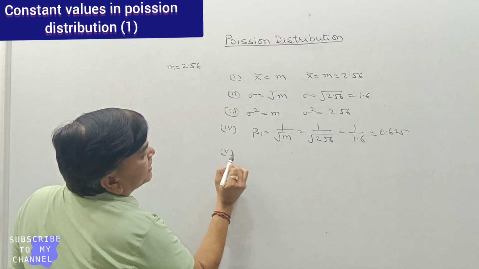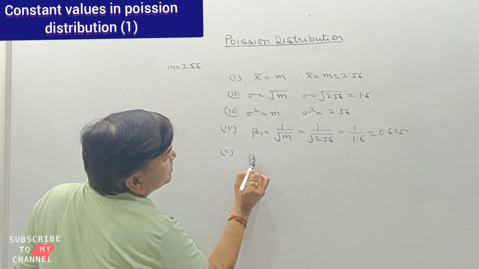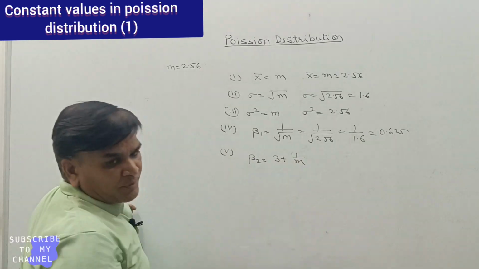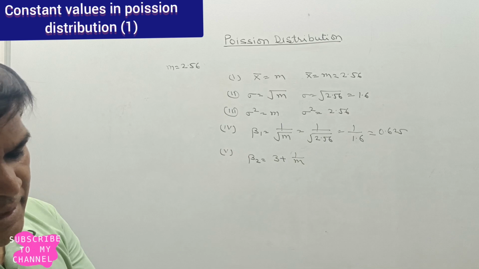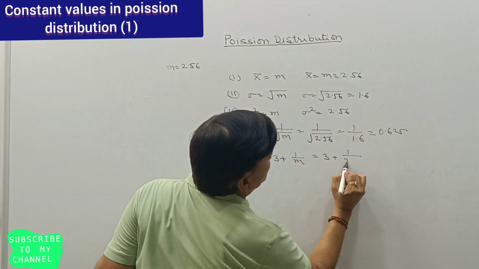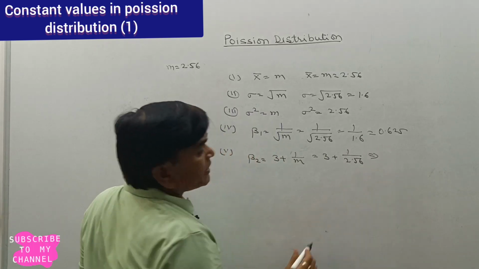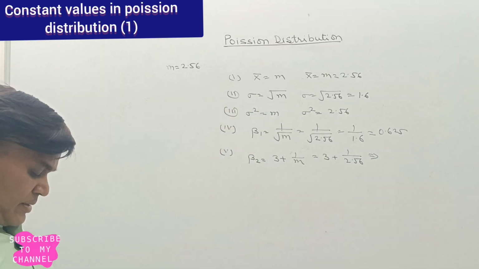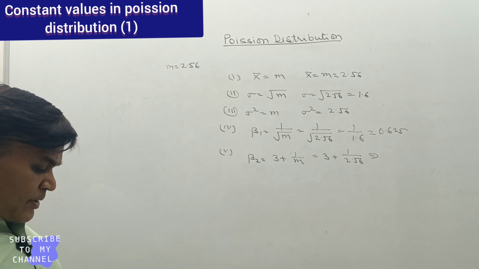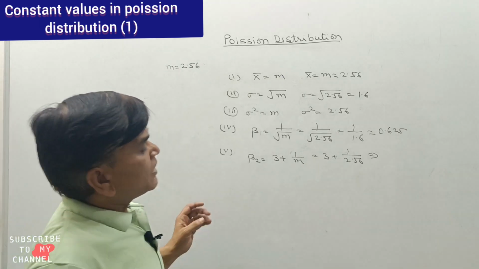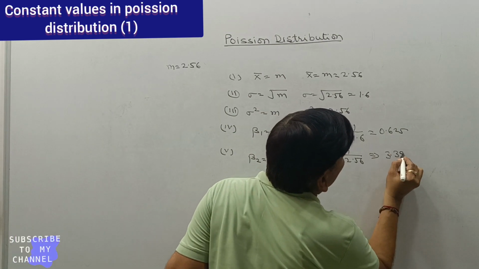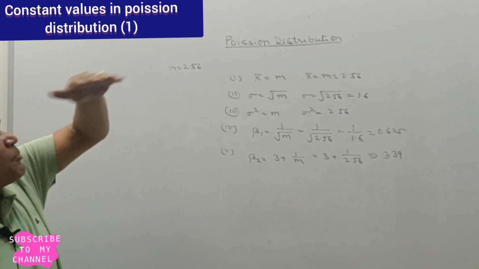And fifth measure is the measure of kurtosis, that is beta 2, 3 plus 1 upon m. So 3 plus 1 upon 2.56. So we have 1 divided by 2.56 plus 3, that is 3.39.